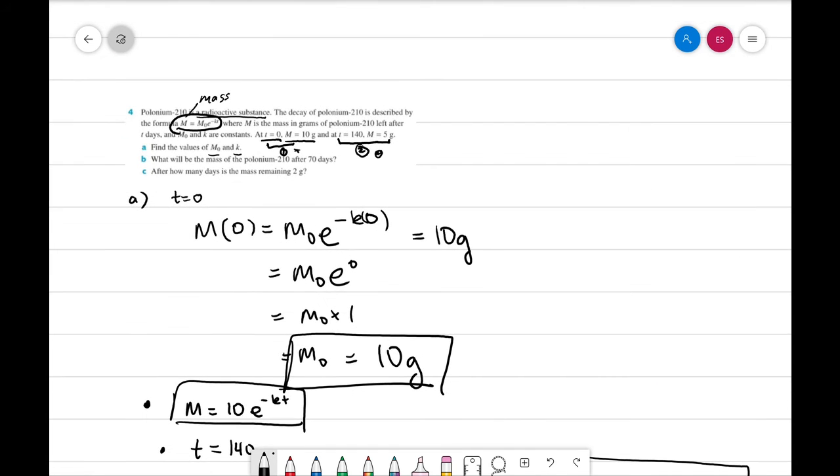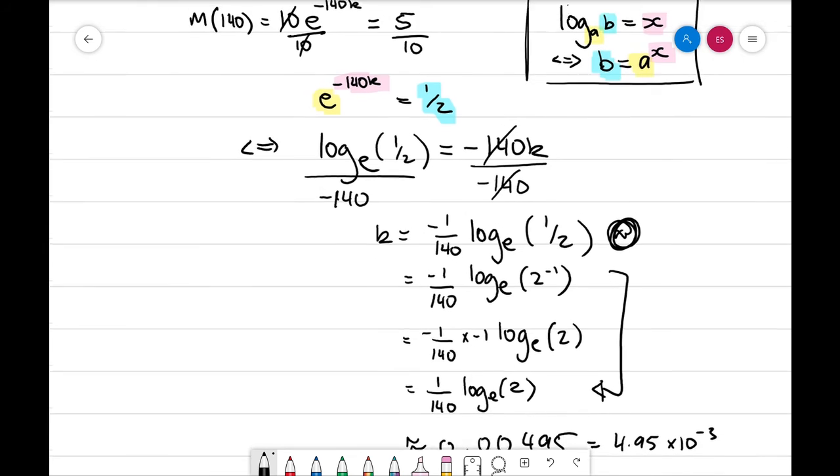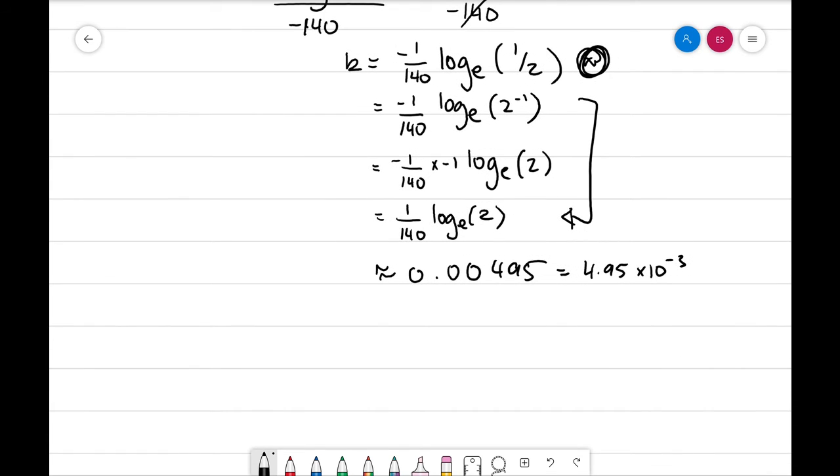Now part B, what will the mass be of the element after 70 days? So to do that, we just want to sub in t is equal to 70. So we go the mass at 70 days is equal to 10e to our K, which we have up above.